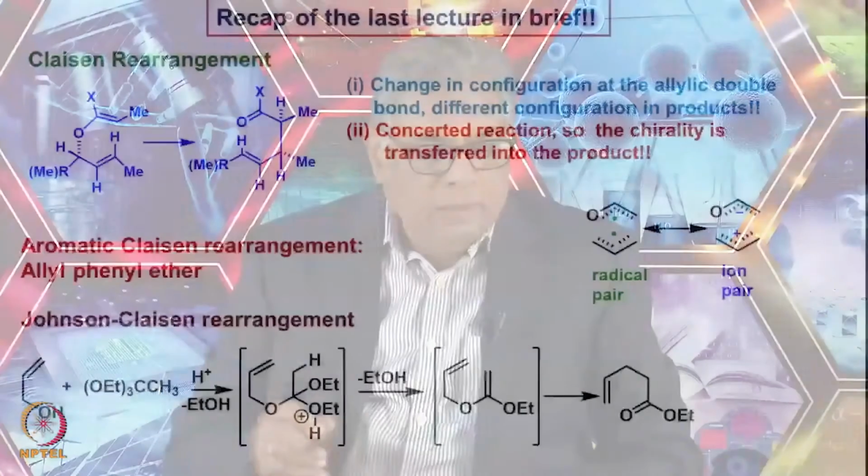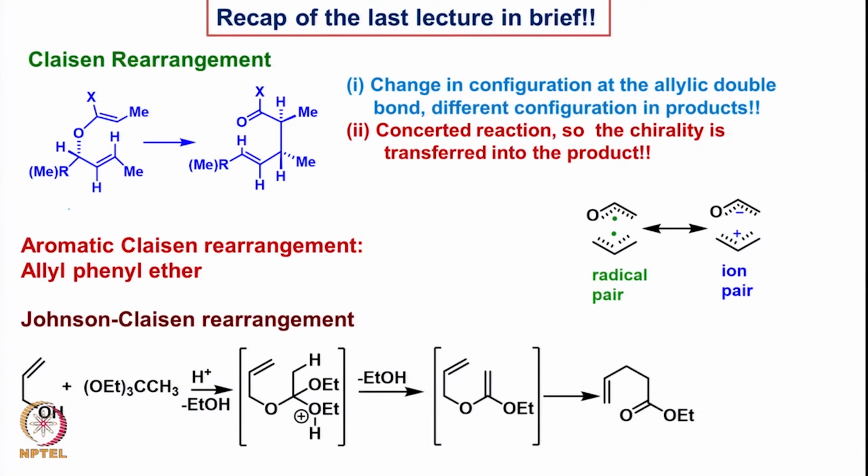If we have well-substituted molecules like these allyl vinyl ethers, and we keep the geometry of one double bond fixed and change the allylic double bond, we get different products with different configurations. And if there is an asymmetric center and the molecule is chiral, then the chirality gets transferred because it is a concerted reaction.